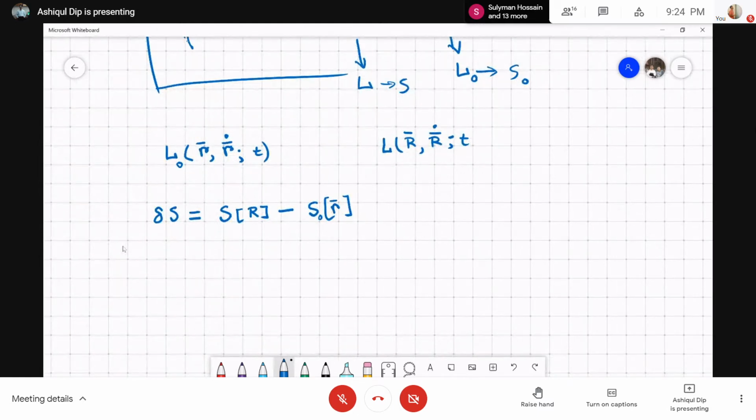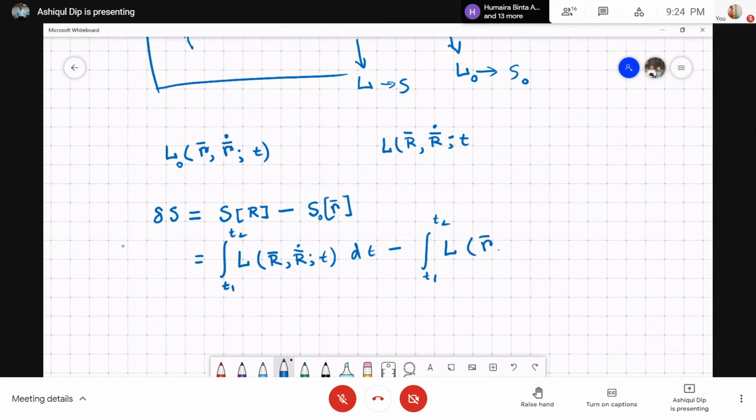So then we can write S of R, S functional of R, equals the integration from T1 up to T2 of the Lagrangian evaluated through R, R dot, and most possibly time, dt. Sorry, it's a function, not a functional. So do you agree up to this point?